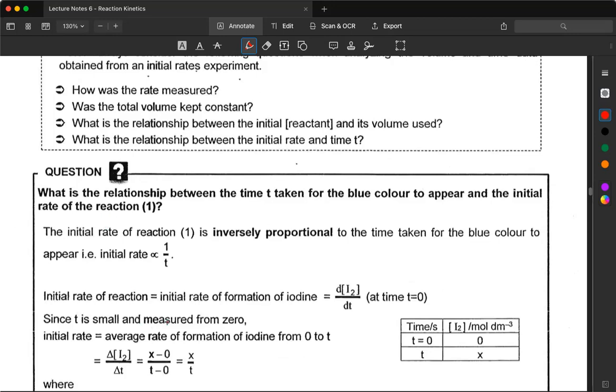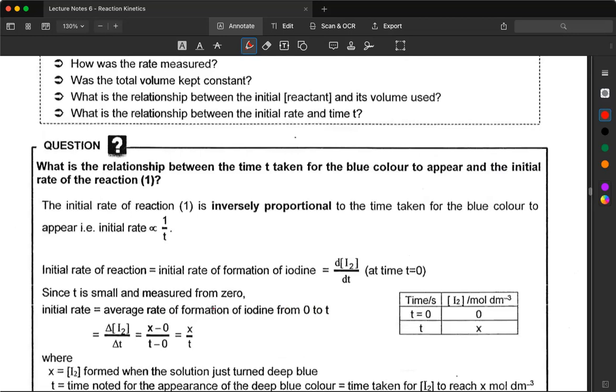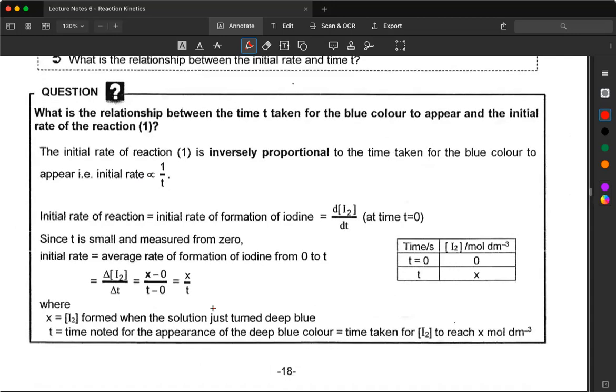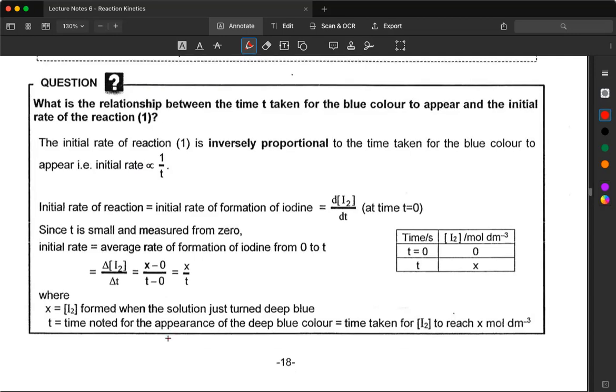Initial rate of reaction is equal to the initial rate of formation of iodine. Since time is small, measured from 0, initial rate is equivalent to the average rate of formation of iodine. Then x is the concentration of iodine formed when the solution turned deep blue, and the time is for the appearance of the deep blue solution.